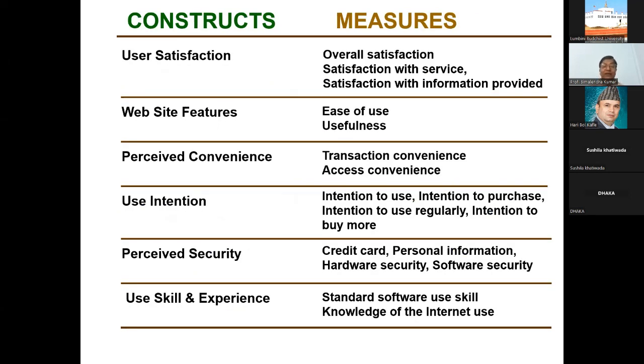So here there are some of the things related with user satisfaction, website features, perceived convenience, use intention, perceived security, and user skill and experience.